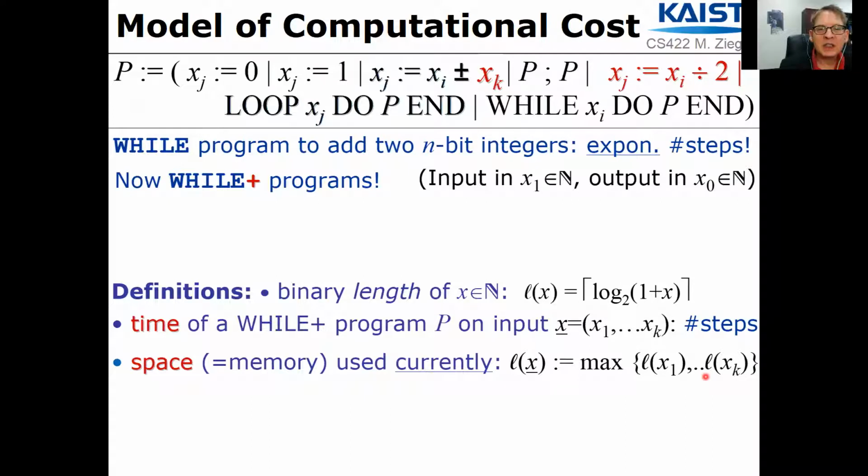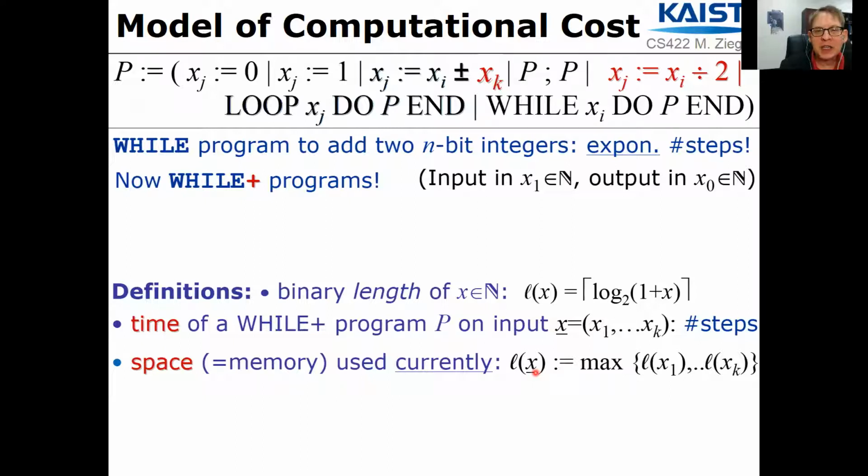And the reason is that now the proof becomes simpler that whenever a while plus program makes t steps, then the binary length of its variables, in this sense as a tuple of natural numbers, will be at most t larger than the binary length of the input.